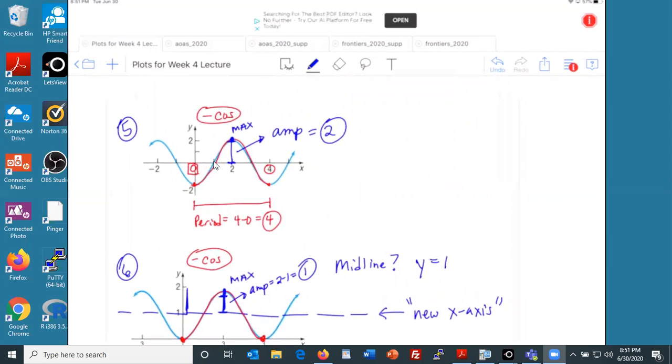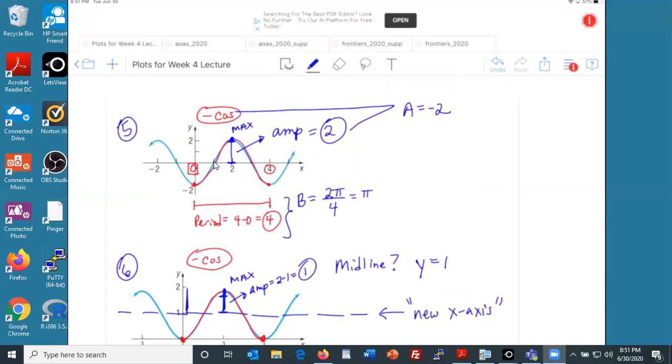So in number 5, remember we said it was a negative cosine function with an amplitude of 2. So that means A is negative 2. The period was 4. I think we just did that in another problem, but that's all right. So remember, the b value is 2 pi divided by period. So 2 pi over 4. Pi does not cancel out because there's no pi in the denominator, but 2 and 4 will reduce a little bit.